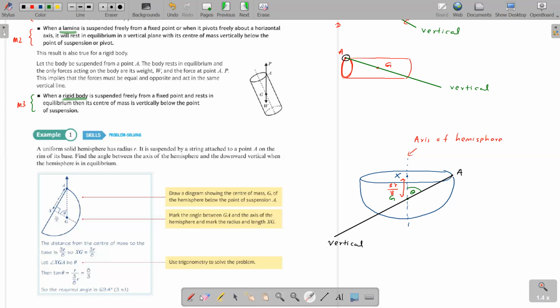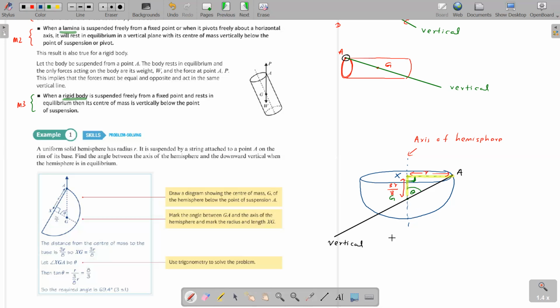To find this angle, it's really easy. Can you see there's a right angle triangle over here? There's a 90 degrees over here. The radius is r. Sine theta is opposite over hypotenuse. Cos is adjacent over hypotenuse.